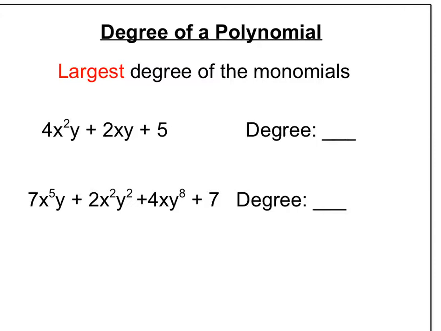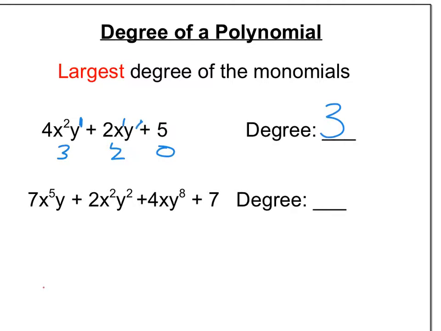If I look at the 4x squared y to the 1, that would have a degree of 3. 2xy, well, the x and the y both have exponents of 1. You add those up, that's a degree of 2. And then a constant just has a degree of 0. So for this polynomial, I picked the highest degree, which is 3. So the term with the highest degree gives you the degree of your polynomial.